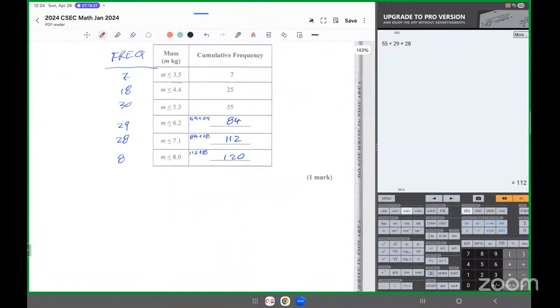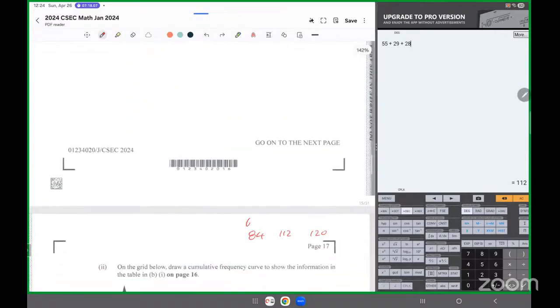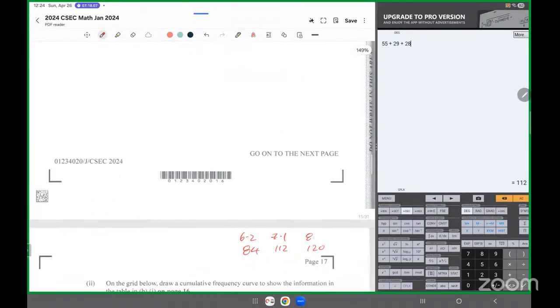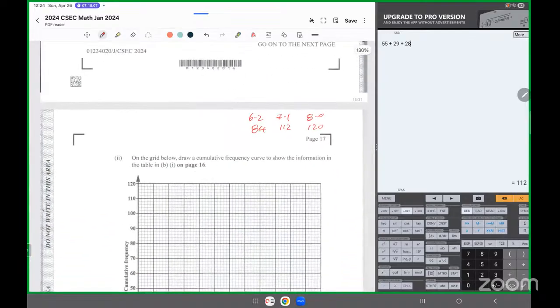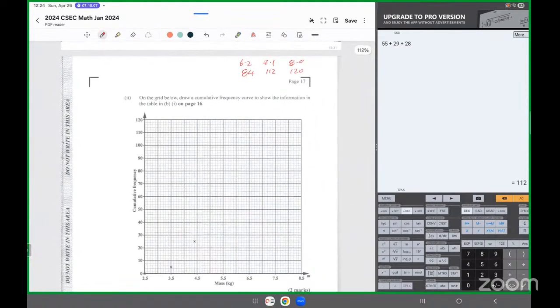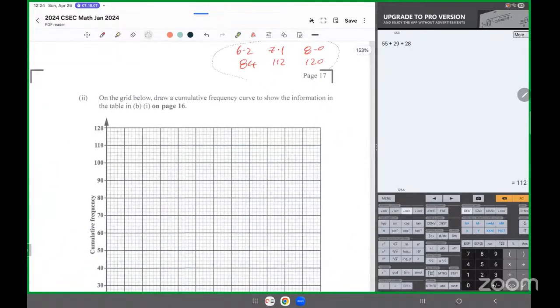We need these values to go with them: 6.2, 7.1, and 8.0. Those are the points of plotting. Let me shift it down here so you can see better.